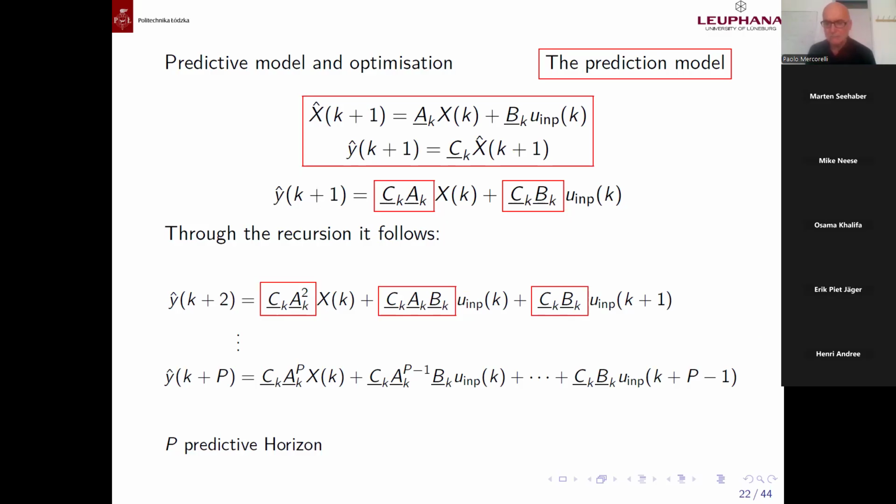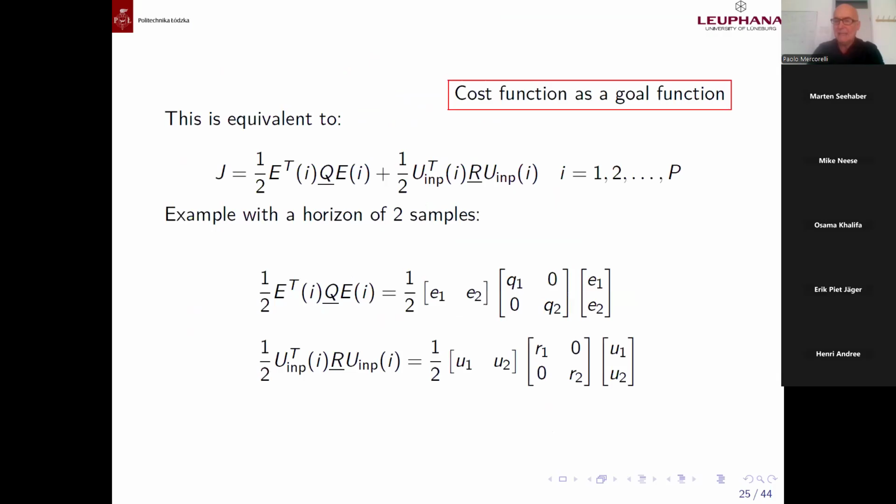Let me see if I can improve this a little bit. For instance, if I am considering three predictive steps, you have to consider something meaningful, no? Three steps of prediction horizon and two steps of control horizon. We can see here a little bit better.